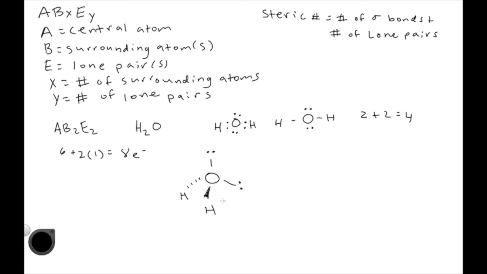It will push them to the left as well, and therefore push them even closer together than before. So it will have a bent geometry, just like sulfur dioxide. But the extra lone pair will cause it to be even more bent. The angle between the OH bonds would be around 104.5 degrees.